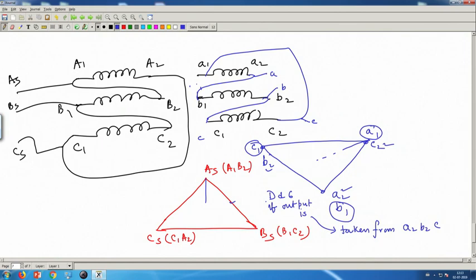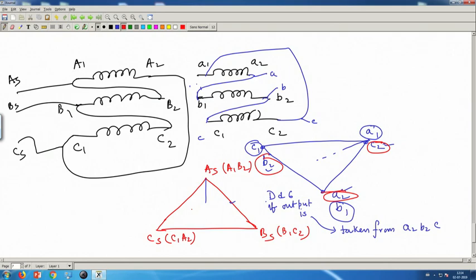A1, for example, Y6 star 6 connection. You have to take output from A2, B2, C2, A1, B1, C1 shorted, but nonetheless the phase sequence is maintained and things like that. So, this I will circle it with red, A2, B2 and where is C2? C2, A2, B2, 180 degree apart.